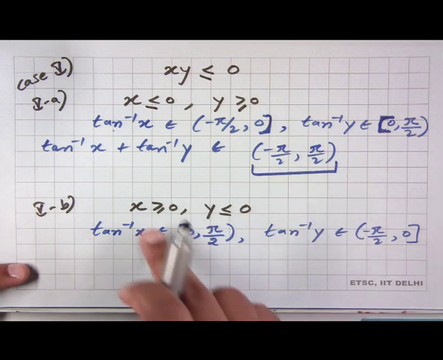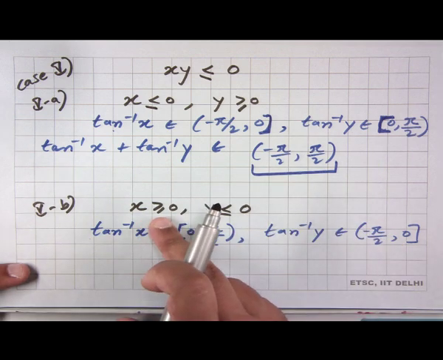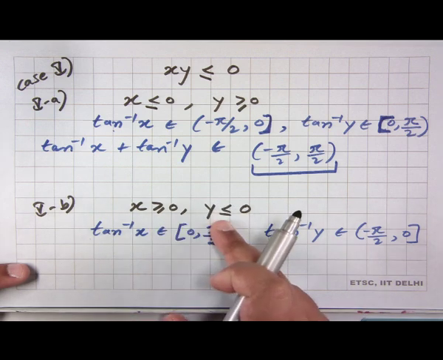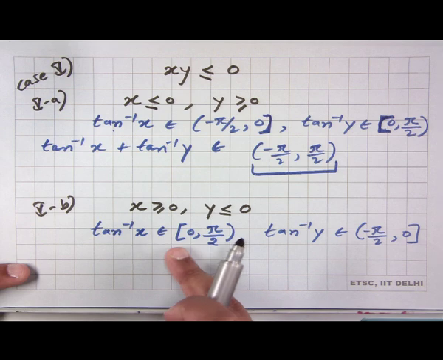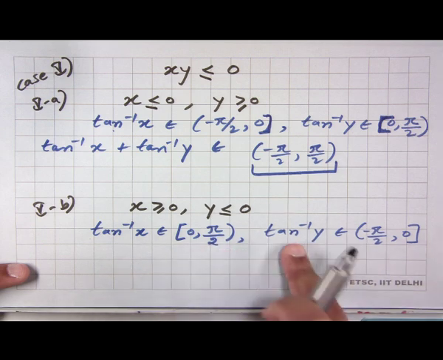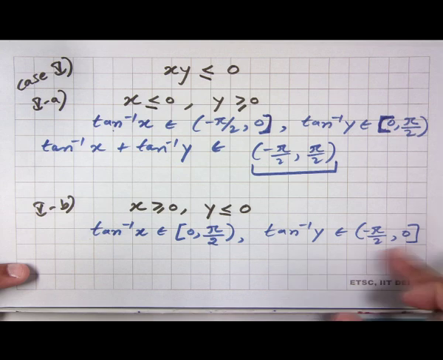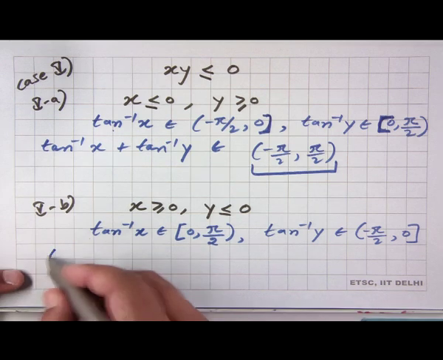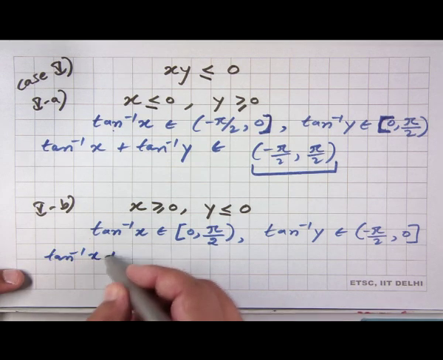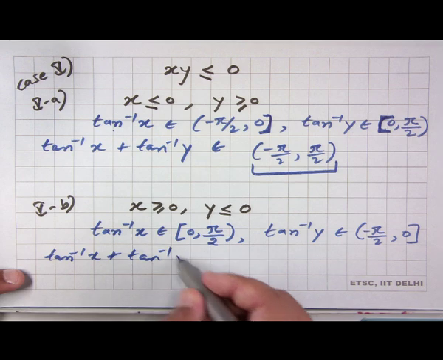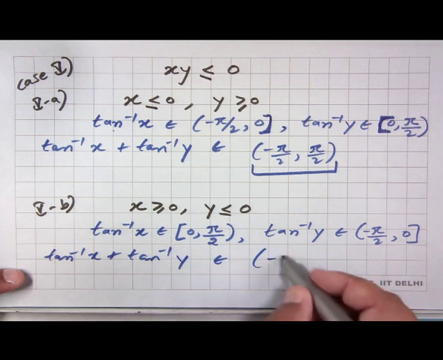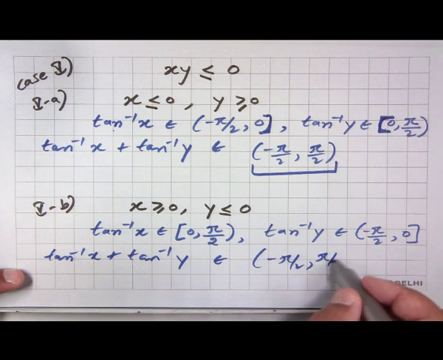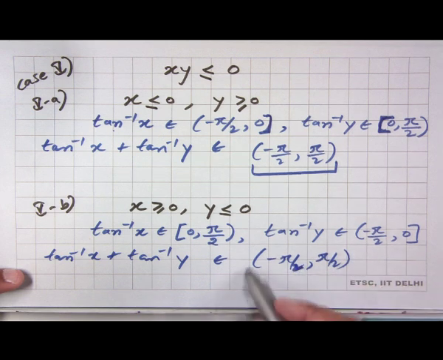And again, when x is greater than or equal to 0 and y is less than or equal to 0, tan inverse x will belong to 0 to pi by 2, tan inverse y will belong to minus pi by 2 to 0. So even in this case, you will see that tan inverse x plus tan inverse y will belong to the range set of tan inverse.